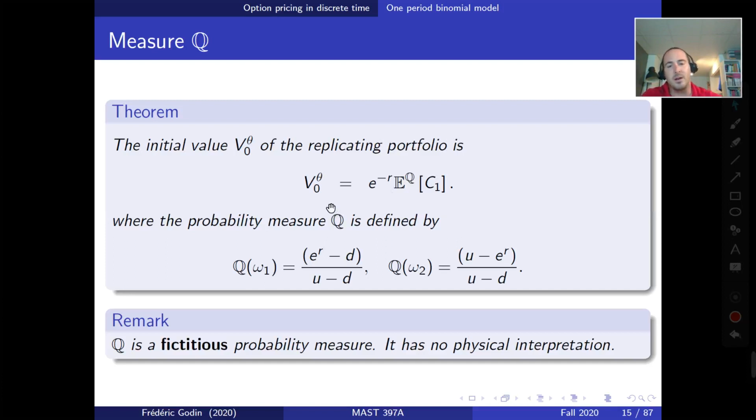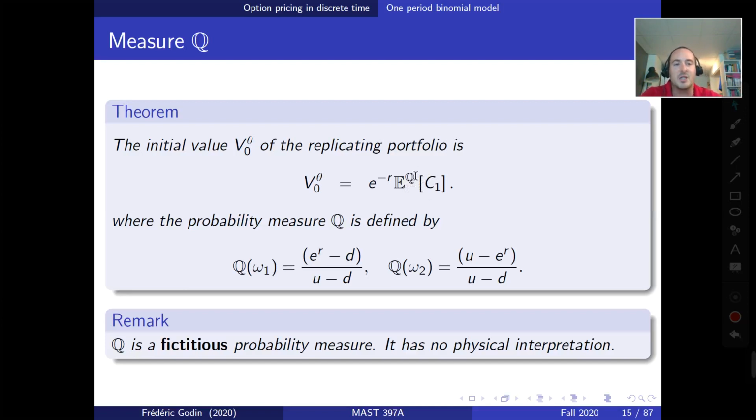Here we're going to see that the initial value of the portfolio is the discount factor, exponential of minus the risk-free rate, times the expectation of the payoff. But here the expectation is not under the physical measure P from the beginning of the chapter.